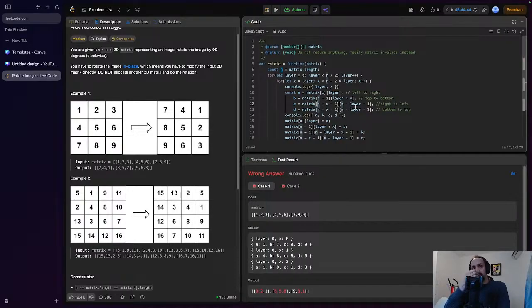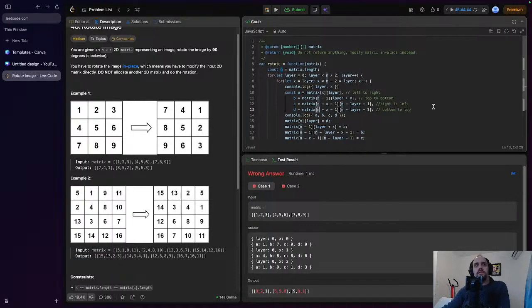Start at the end. Minus X each time. Minus 1. And then the Y would be start at the end, minus layer minus 1.